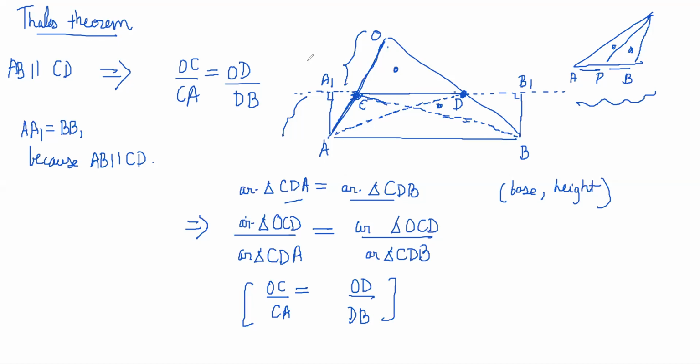Now we'll quickly look at similar triangles. Everyone anyway knows mostly what a similar triangle is, so I will not spend too much time on it. What is the meaning of similarity? Basically, things are in proportion. Everything is in proportion. So a similar triangle will be like this and like this.